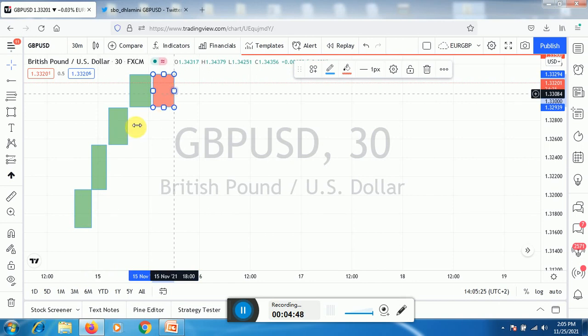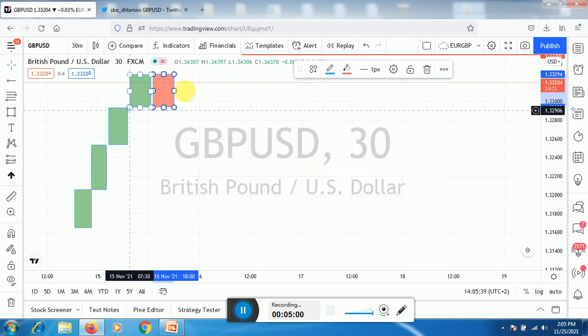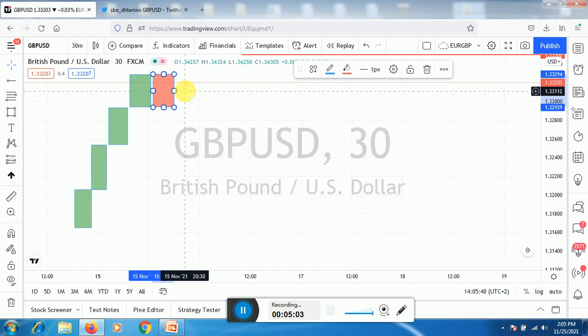So this is our last bullish candle. This bullish candle here is the one which is an order block. Why? Because it is the last bullish candle on the uptrend. The minute we see this bullish candle and then a huge red candle comes after it, what do we do?